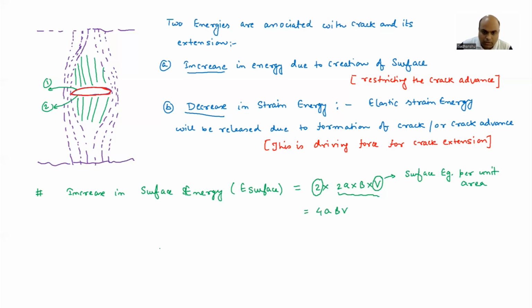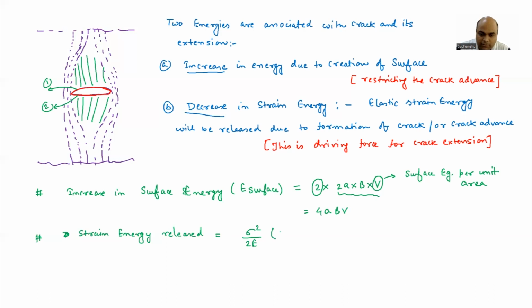Now there will be a decrease in strain energy, and the strain energy released will be given as sigma square by 2E. You know this. This was discussed in the previous course, part 1.